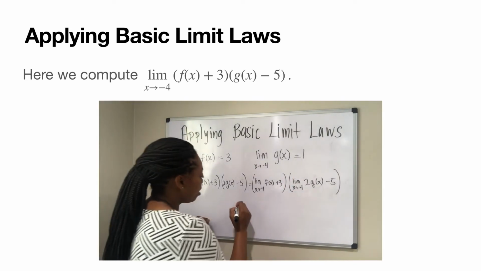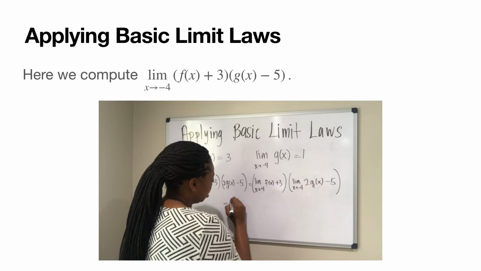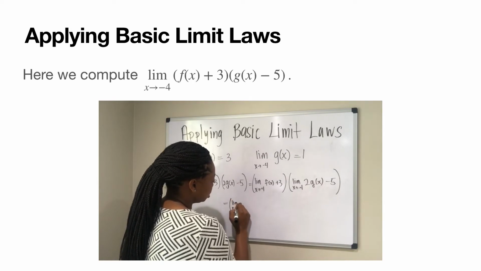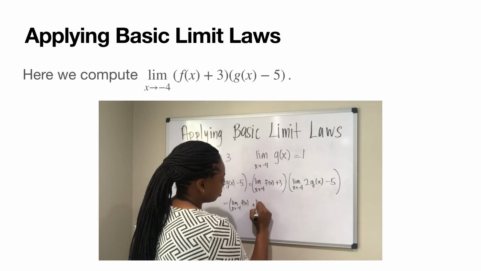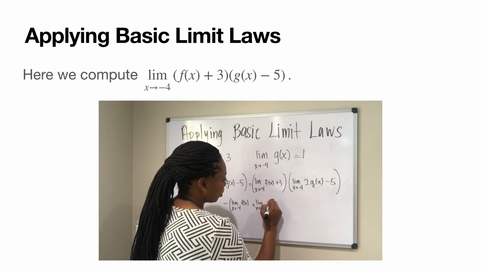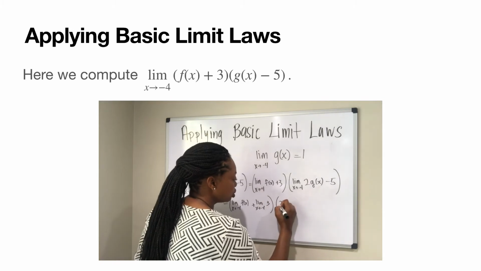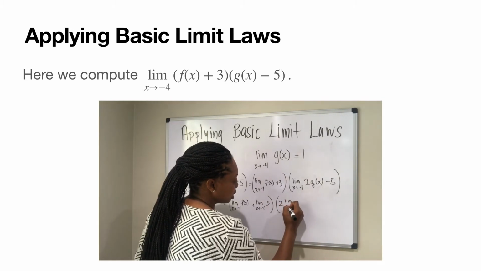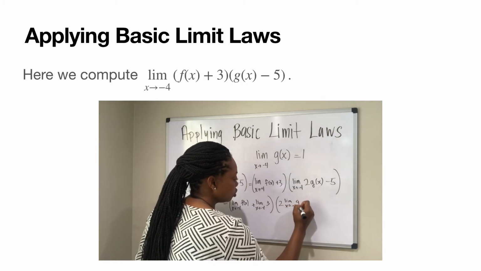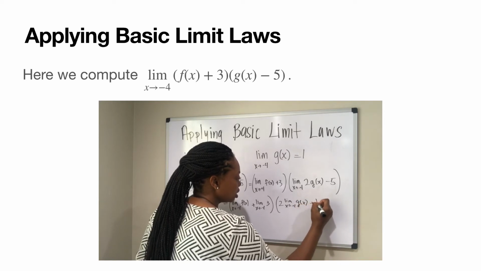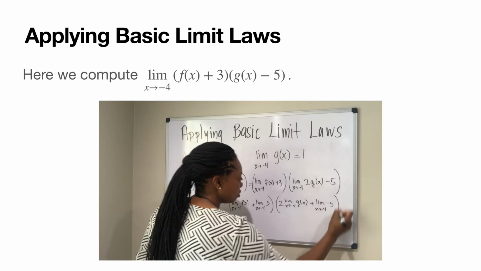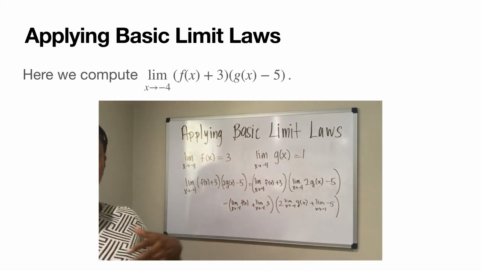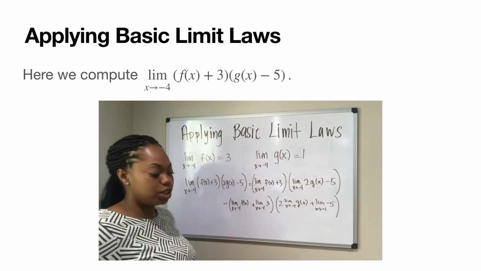So what we'll have is the limit as x approaches -4 of f of x plus the limit as x approaches -4 of 3, times 2 times the limit as x approaches -4 of g of x plus the limit as x approaches -4 of -5. Now we're going to go ahead and compute our limits for each portion.